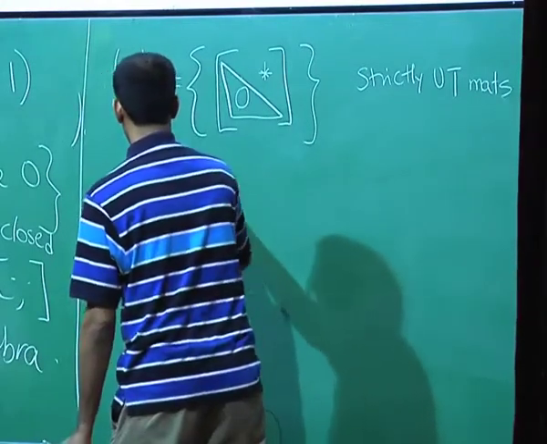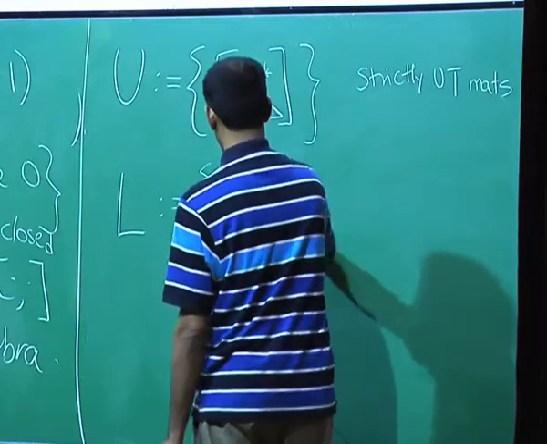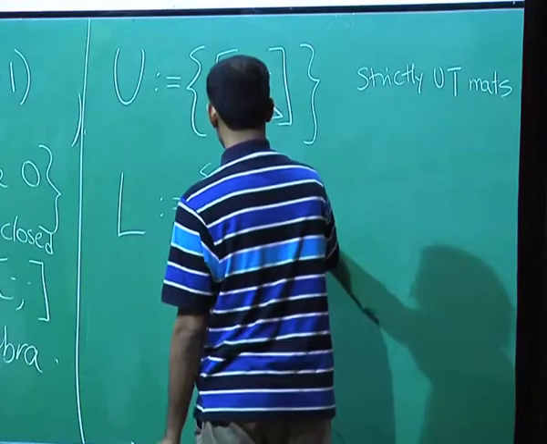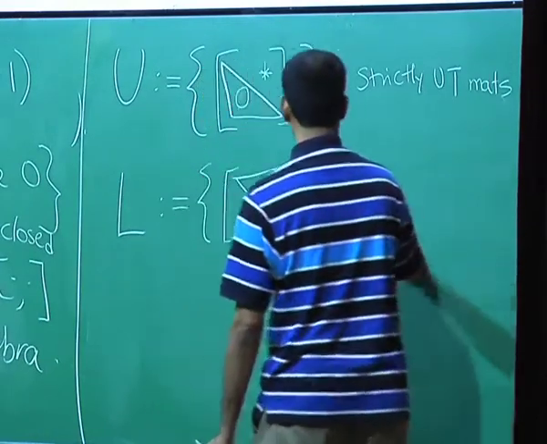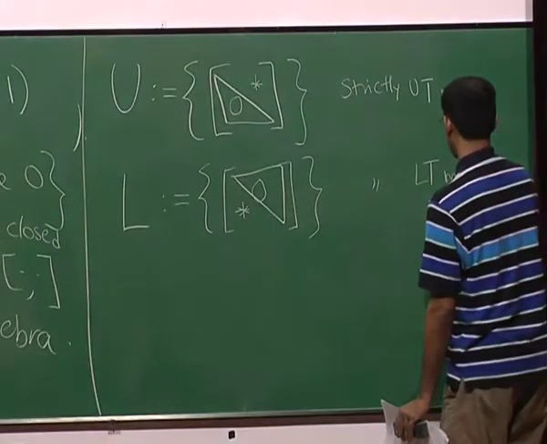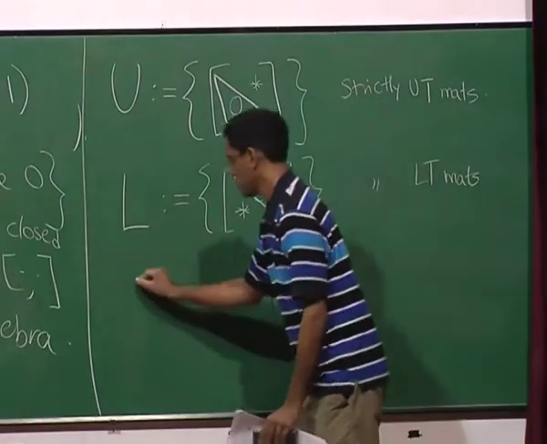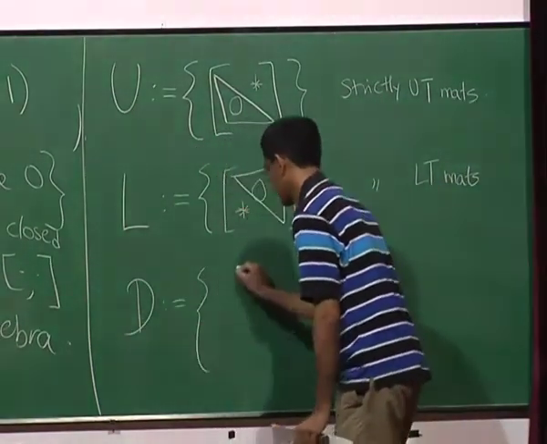Similarly, you can consider more trace 0 matrices by doing sort of the opposite. You take things which are 0 on the diagonal and above the diagonal, and can only have non-zero entries below the diagonal. So they are called the strictly lower triangular matrices. And well, the third category is, of course, you take purely diagonal matrices.